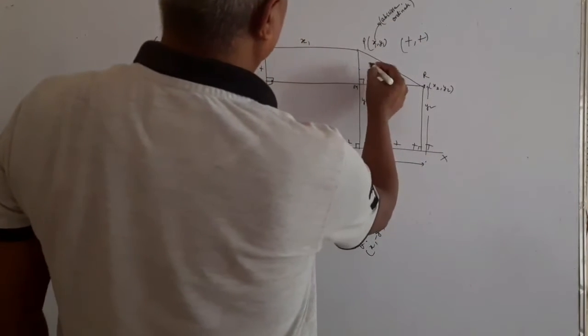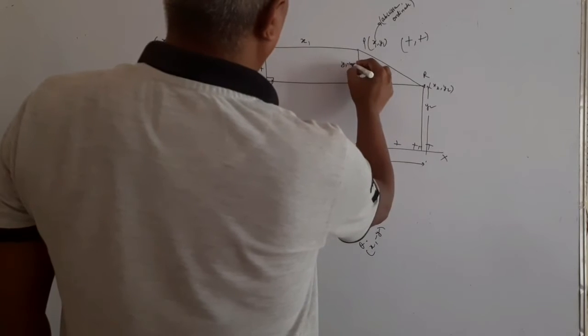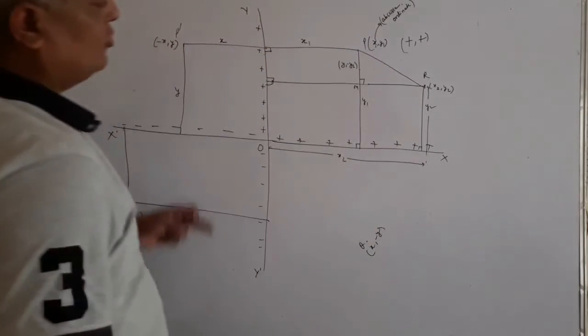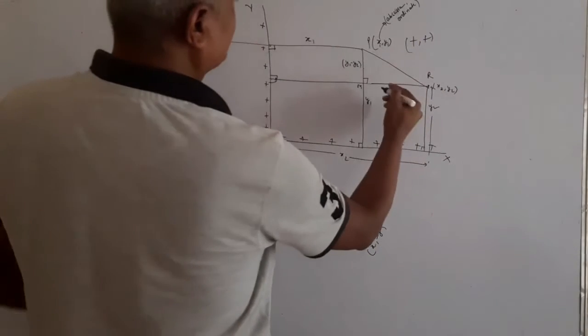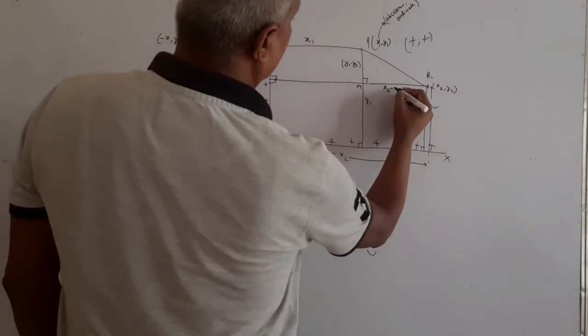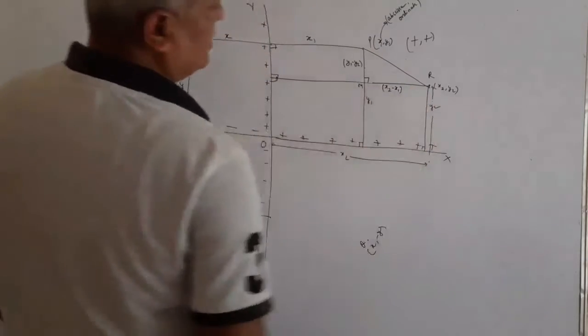So what is this distance? This is y1 minus y2. In the same way, this distance is x2 and this distance is x1, so this is x2 minus x1.